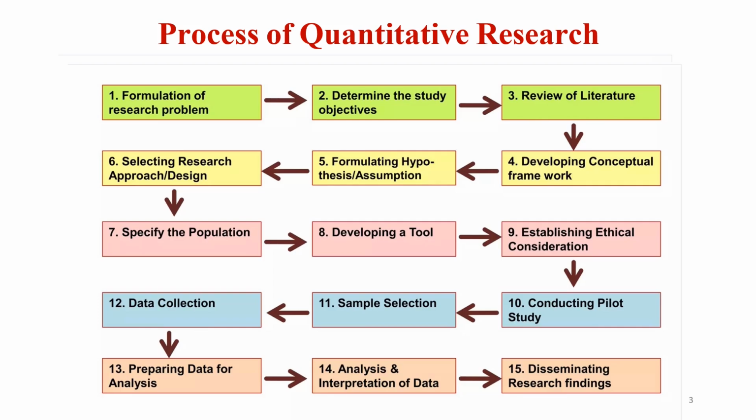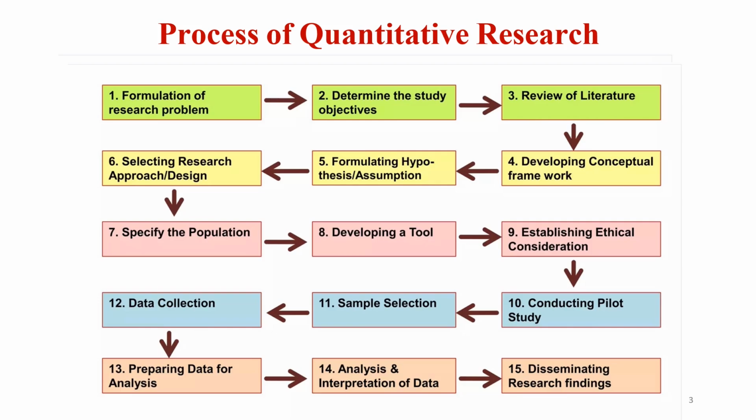If we know the population, then we can determine the sample size using the formula n is equal to z into s divided by e, the whole square, where z is the standard estimate whose value is 1.96, s is the standard deviation of the data which you have collected using the pilot study, and E is the error term, where as far as social science is concerned, we keep the error term at 5%.